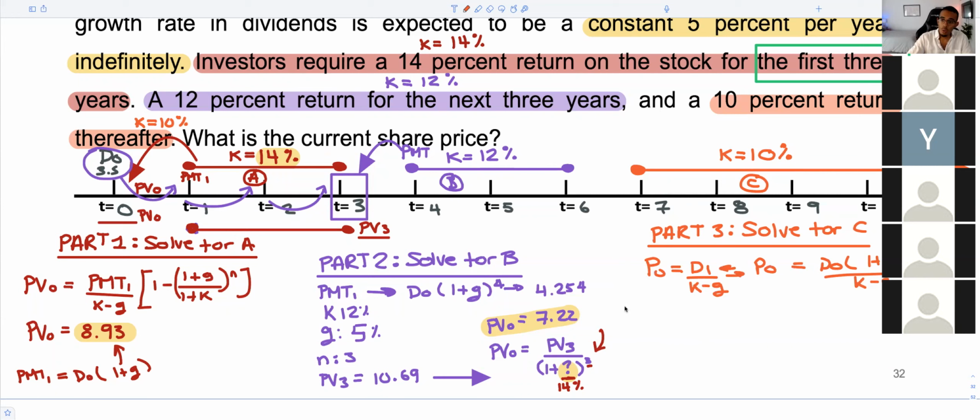Okay? So with that said, I'm just going to ask you a few questions super quick. What will be essentially our payment right here? So D7. Somebody tell me in the chat, what is D7? You guys are awesome. It would essentially be D0 times 1 plus G to the power of 7.